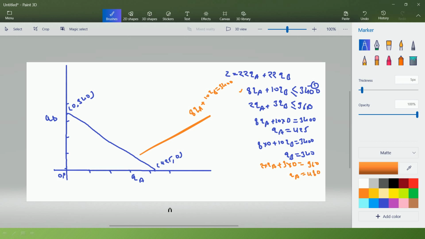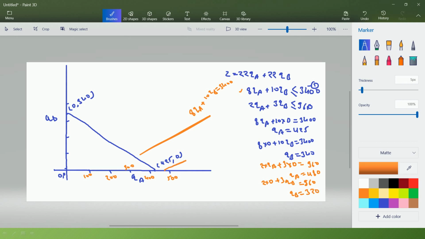Okay, this is our 500, somewhere here will be 480. Now if I put QA equal to 0, 3QB equals 960, I will get QB equal to 320.